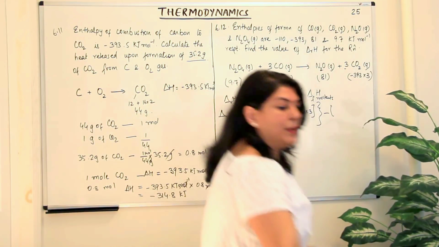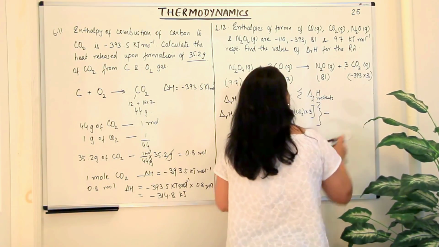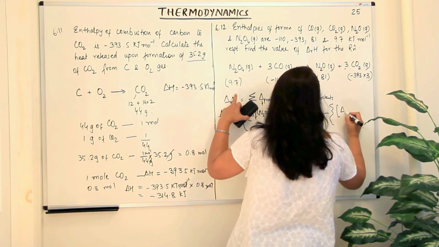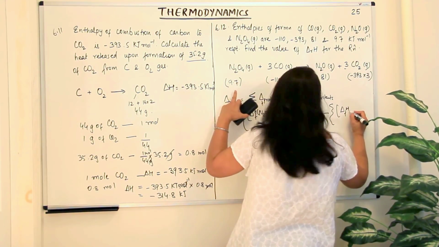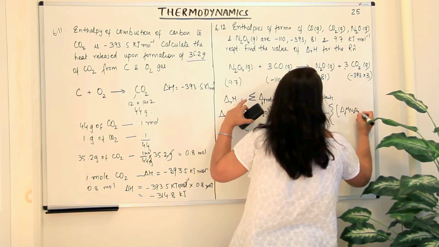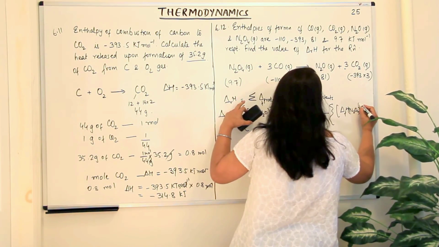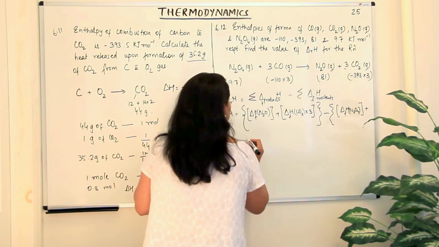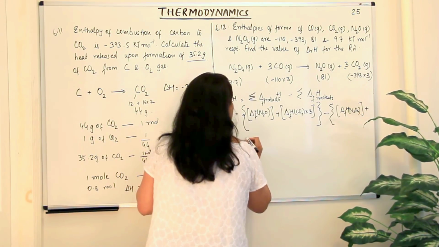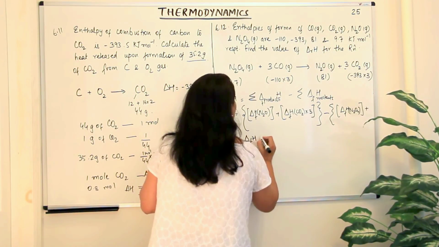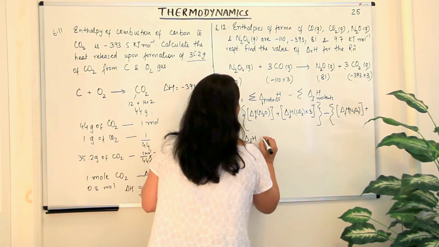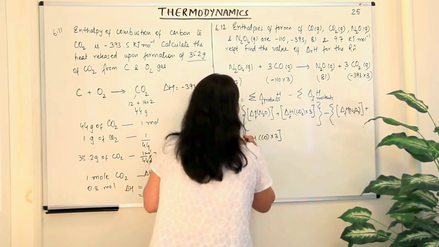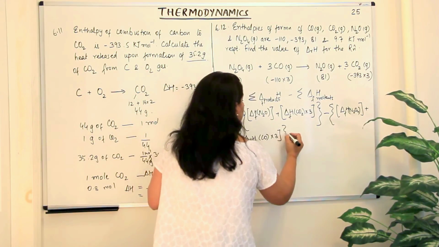We'll first put the other bracket here: enthalpy of formation of N2O4 and plus, we are adding this, it is a negative value again, the enthalpy of formation of carbon monoxide into 3. Why? Because there are 3 moles of it, and that's it.